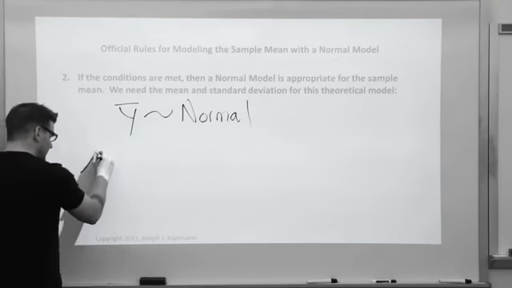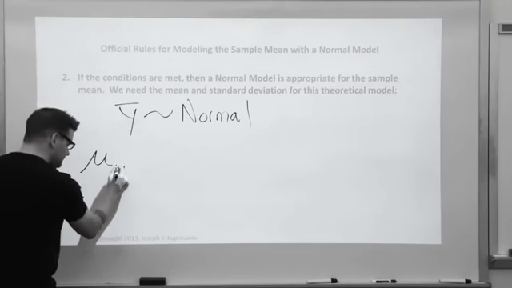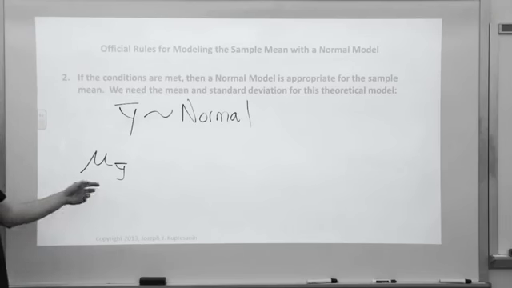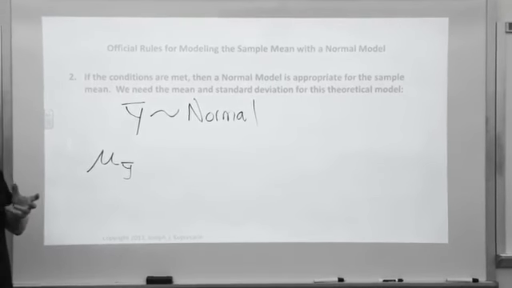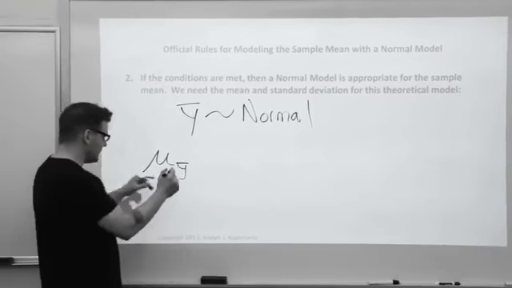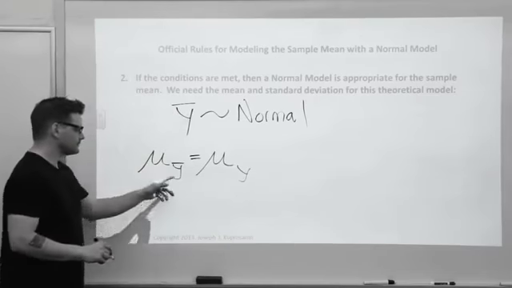Here's the symbols. I need a mean, mu. The mean of y bar. Mu sub y bar. I know it's sort of strange. I'm taking the theoretical mean of the sample mean, but it's correct notation. This equals the mean of y.